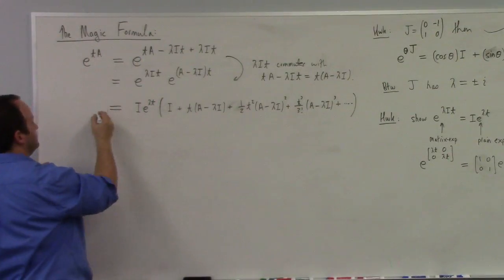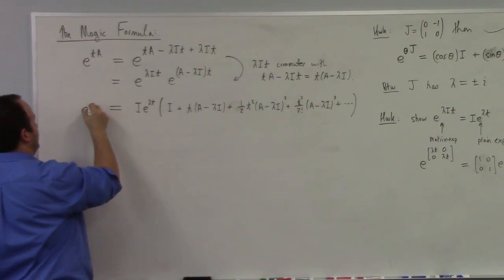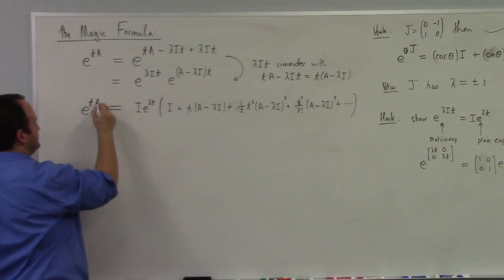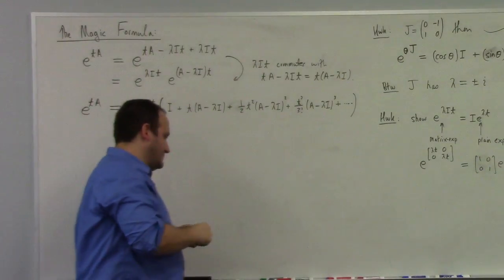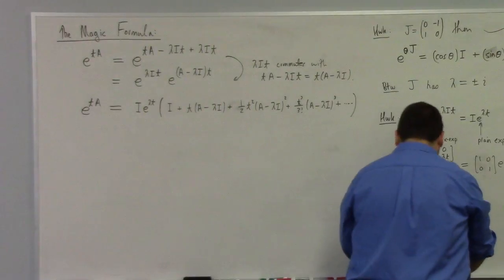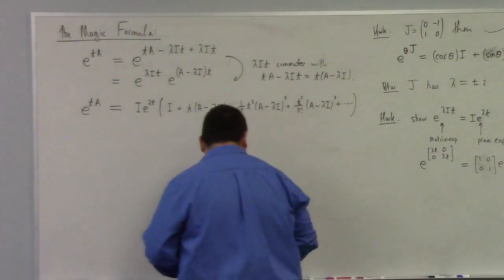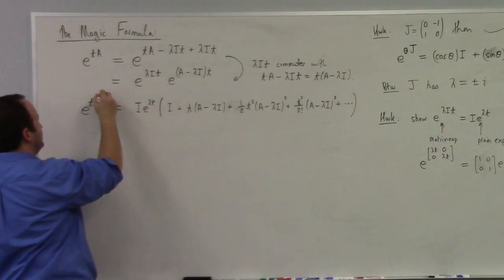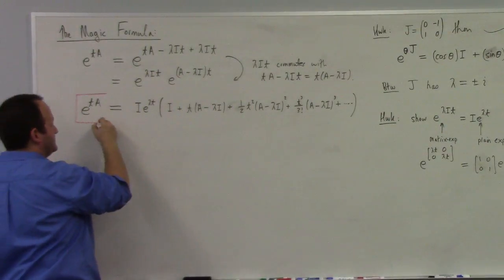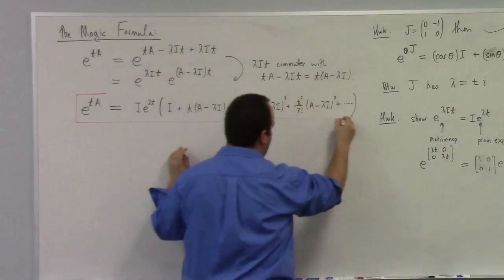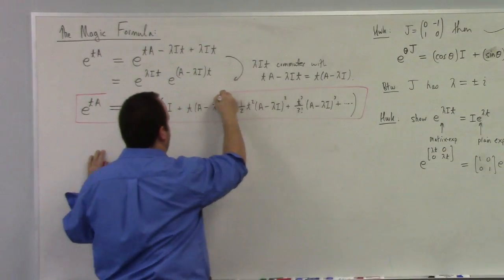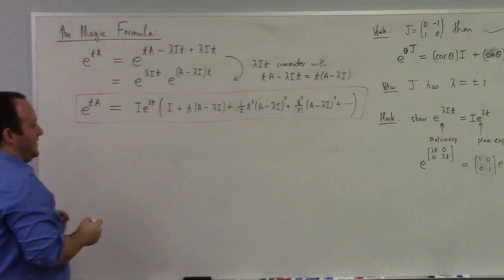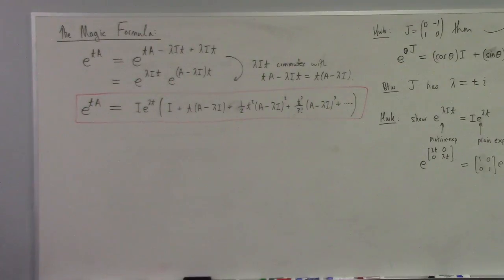And that, my friends, is the magic formula. Now, you're probably underwhelmed at this point because you're like, doesn't seem overly magical. All right, but there it is. I call this the magic formula because this is where the magic happens. Now, let me show you what I mean.